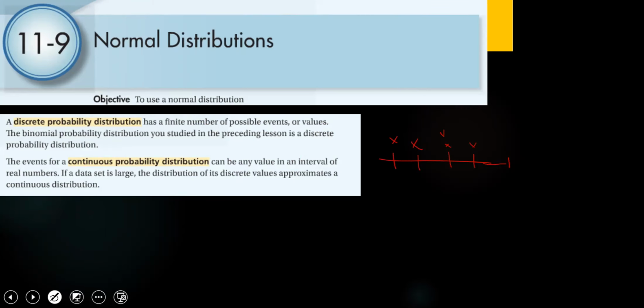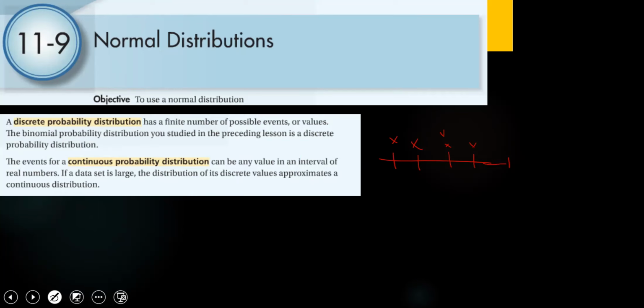Now, the binomial distribution is just here to study the types of discrete probability. So the discrete probability is for binomial, and the normal distribution is for continuous probability. Here you are dealing with intervals.